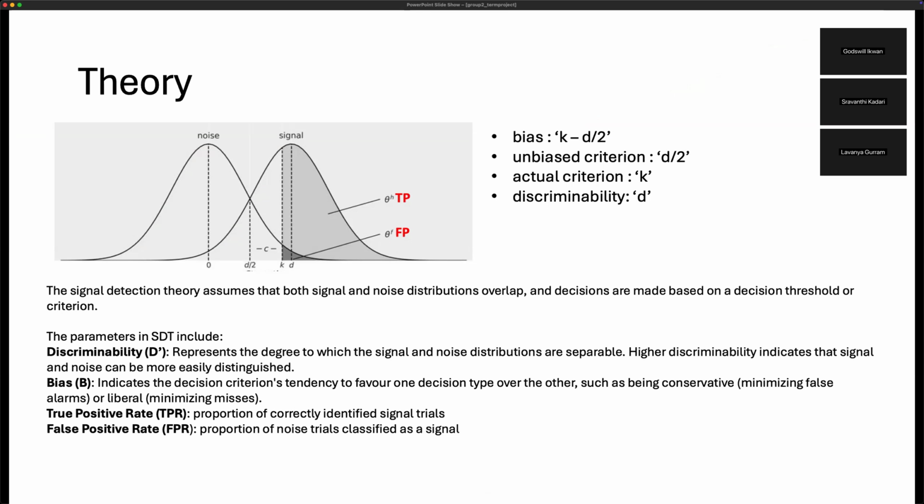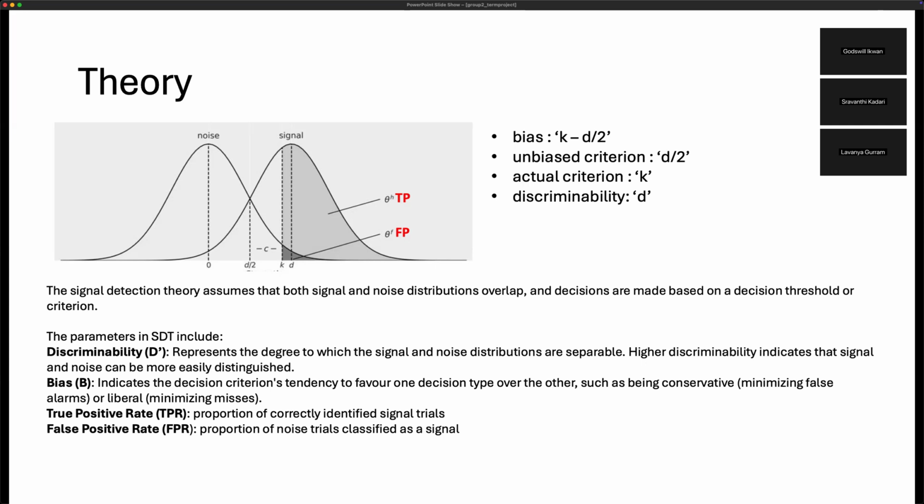Coming to the theoretical part, signal detection theory provides the foundation for understanding how we distinguish between signal and noise in decision-making processes. It introduces four key parameters: discriminability, bias, true positive rate, and false positive rate. Discriminability represents how well the signal can be separated from the noise, so higher discriminability indicates clearer distinction.